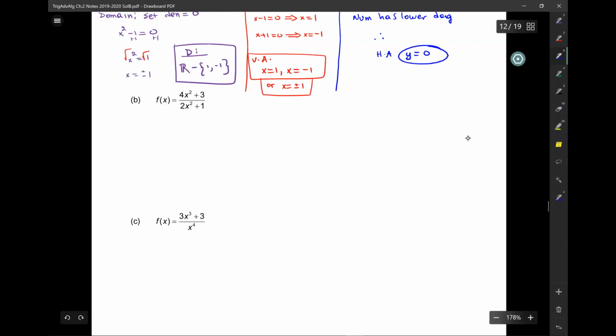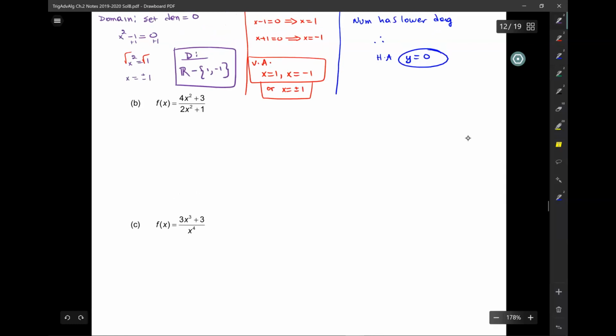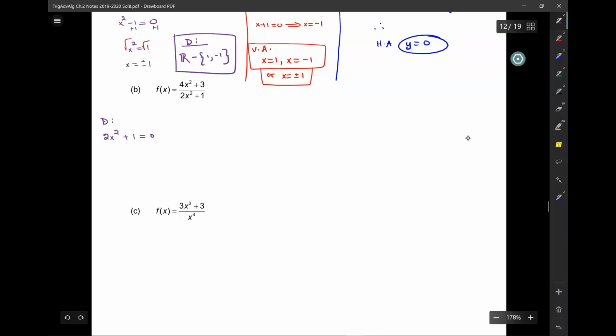Okay, domain. We're going to set 2x squared plus 1 equal to 0 and solve it for x. So minus 1, minus 1. 2x squared equals negative 1. Divide by 2. x squared equals negative 1/2. Take a square root. What's x equal to?